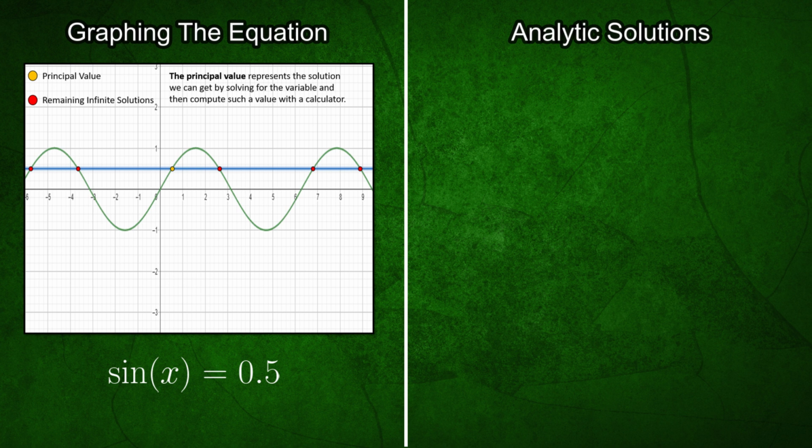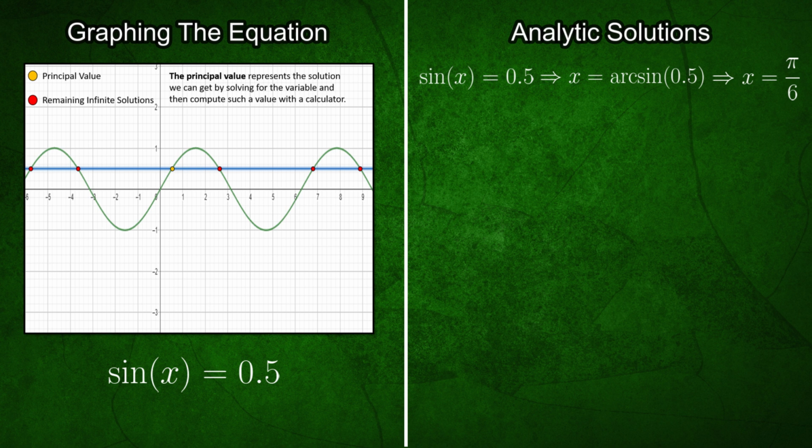The first point we can find by solving the equation sine of x equals 0.5. Now, if we apply the inverse of sine to both sides of the equation, meaning arc sine, we get that x is equal to arc sine of 0.5, which is equal to pi over 6.